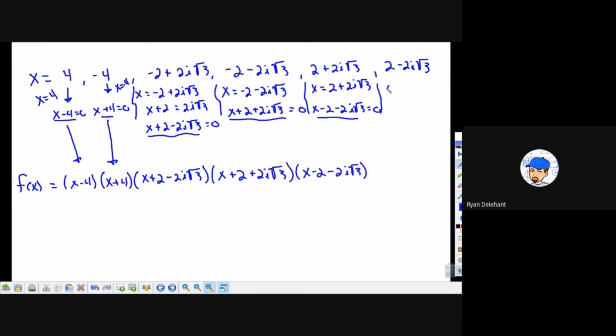And last one. So this is going to be -2 plus 2i root 3. And all of those are different. They all have one sign different with each other. And lo and behold, there it is.